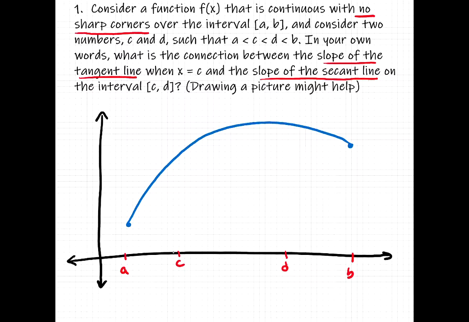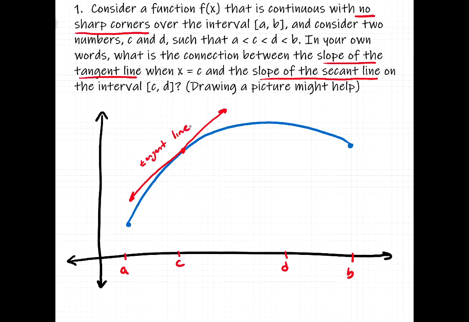So when x is equal to C, here's our tangent line. And that tangent line has some equation, y equals mx plus b. This is the tangent line.